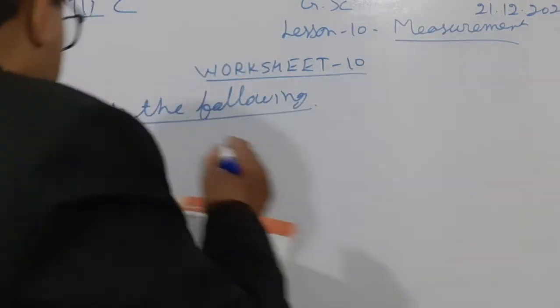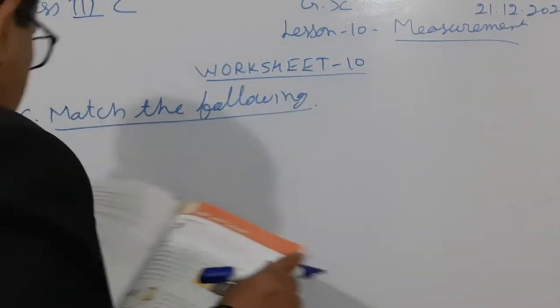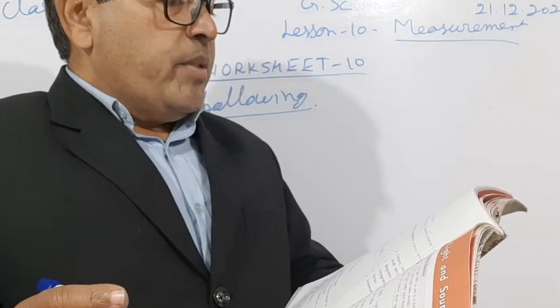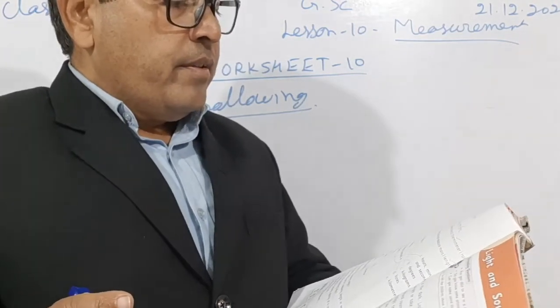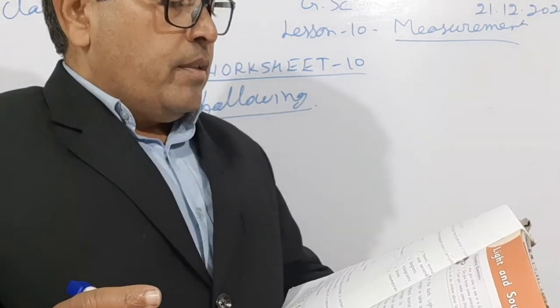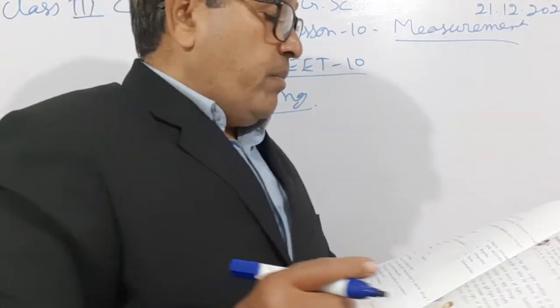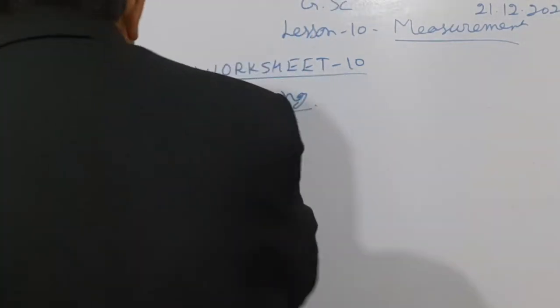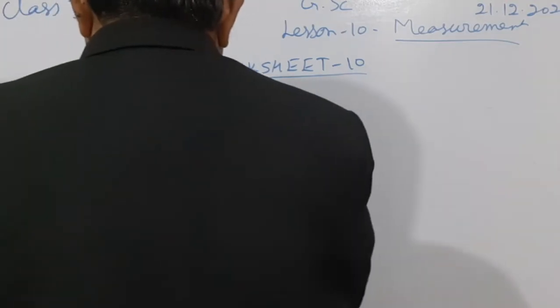First, you see the first. Fruits and vegetables are measured in C, kilogram. So first, you have to write in front of first, C.